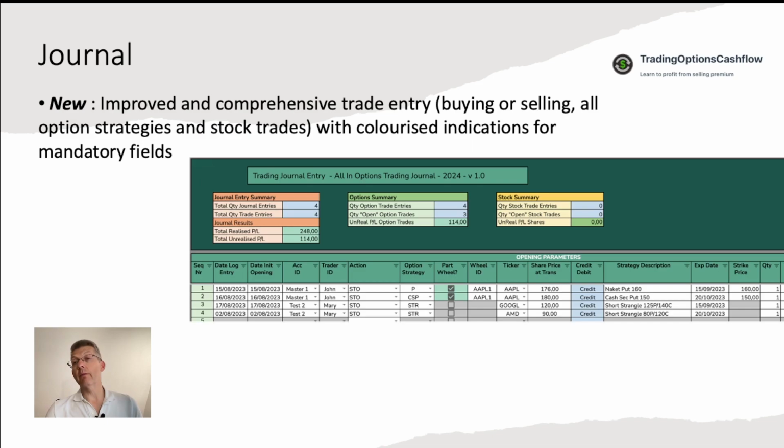So this is completely integrated now. All kinds of trades, stock and options, are possible to enter in the journal itself. And for the data entry, I've continued to work with the colorized indications for the mandatory fields that you need to fill in during the different phases of the option trade.